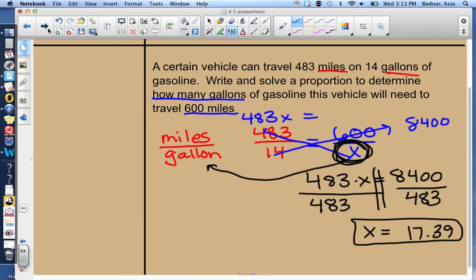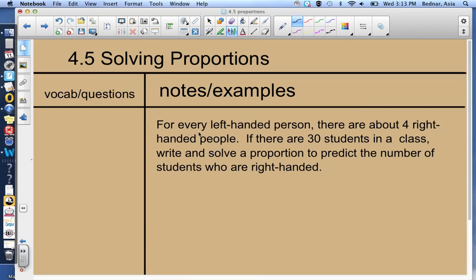Let's try one more. For every left-handed person, there are about 4 right-handed people. So here I'm comparing left to right. I know that for every 1 left hand, there were 4 right hand.